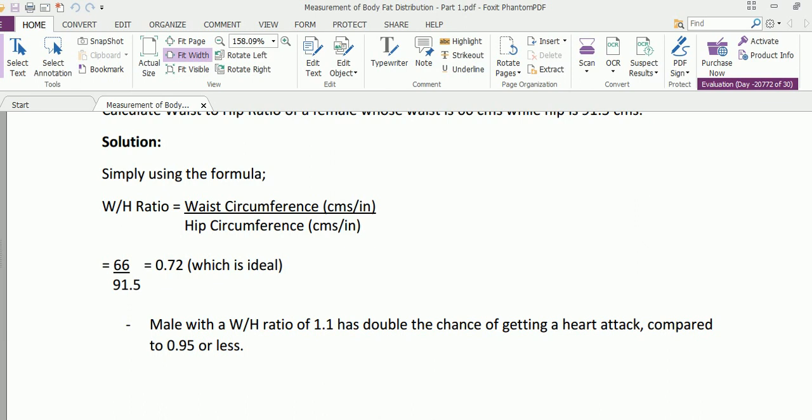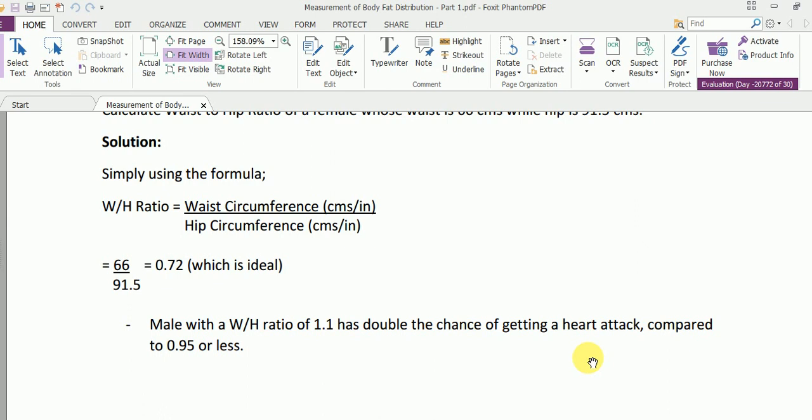Now remember that waist to hip ratio is very important, as it gives you an indication of various issues such as CVDs, cardiovascular diseases. As per research, a male who has a waist to hip ratio of 1.1 has twice the chance of getting a heart attack compared to a male who has a waist to hip ratio of 0.95 or less, and similar is the case for females.